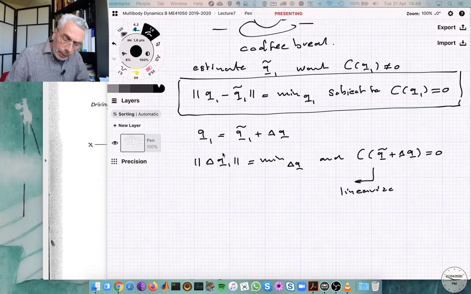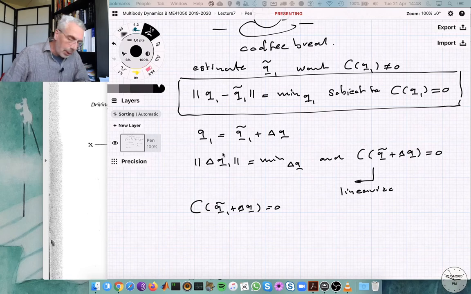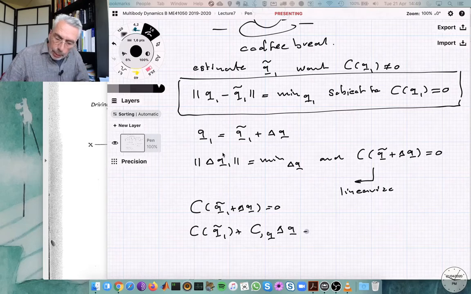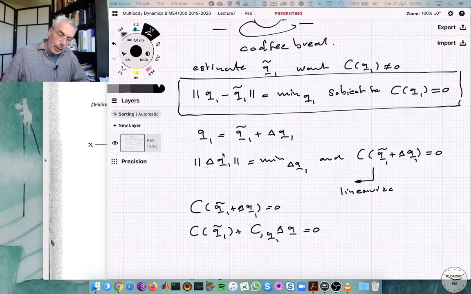So linearizing means that instead of C of Q tilde 1 plus delta Q is 0, we say we have C of Q1 plus C comma with respect to Q, times this delta Q, should be 0. Okay, so now we have linearized this. So this is the linearized equation.